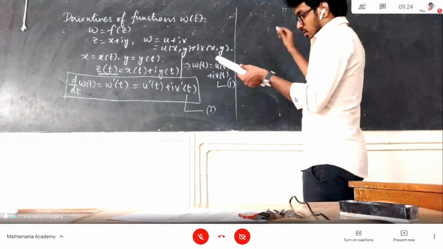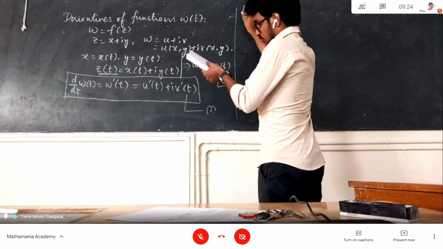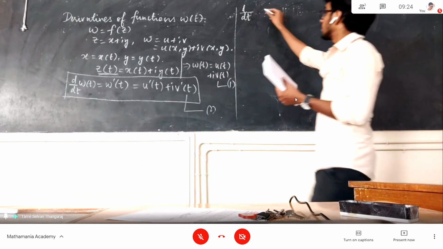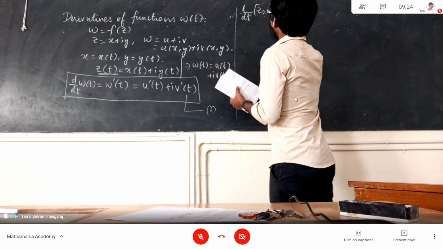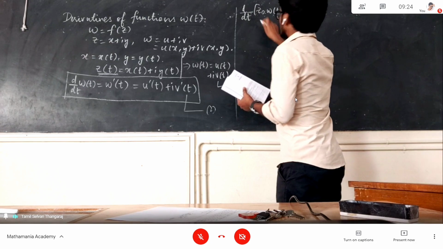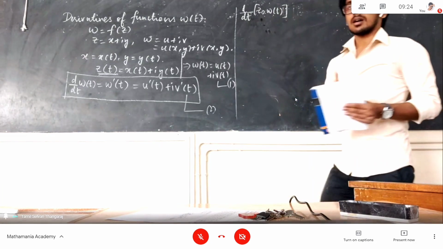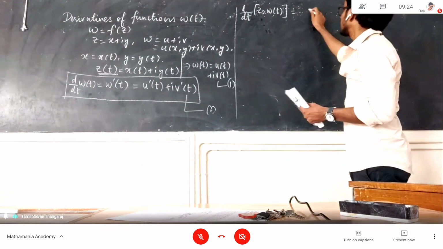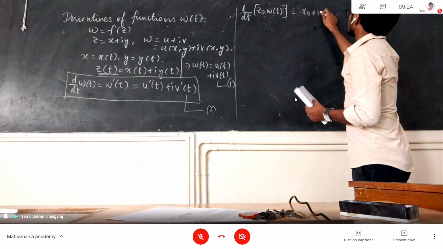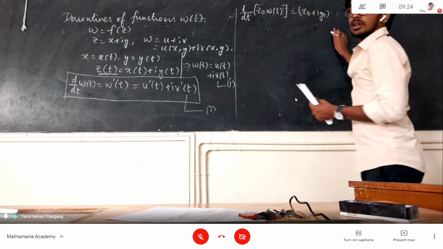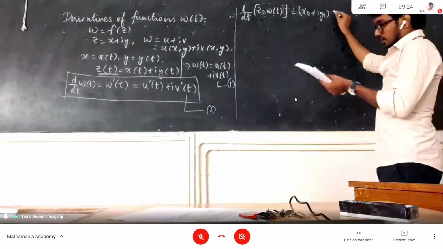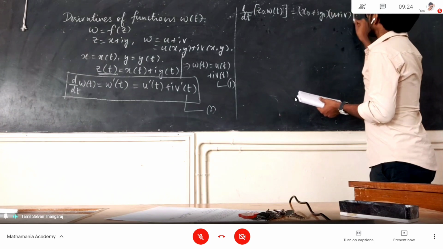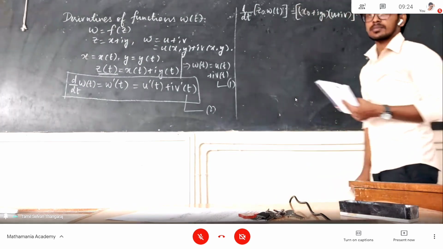Now we are going to find the derivative of z naught multiplied with w of t. Here, z naught is a complex quantity. So this is nothing but x naught plus iota times y naught, multiplied with u plus iota times v, and this has to be differentiated.